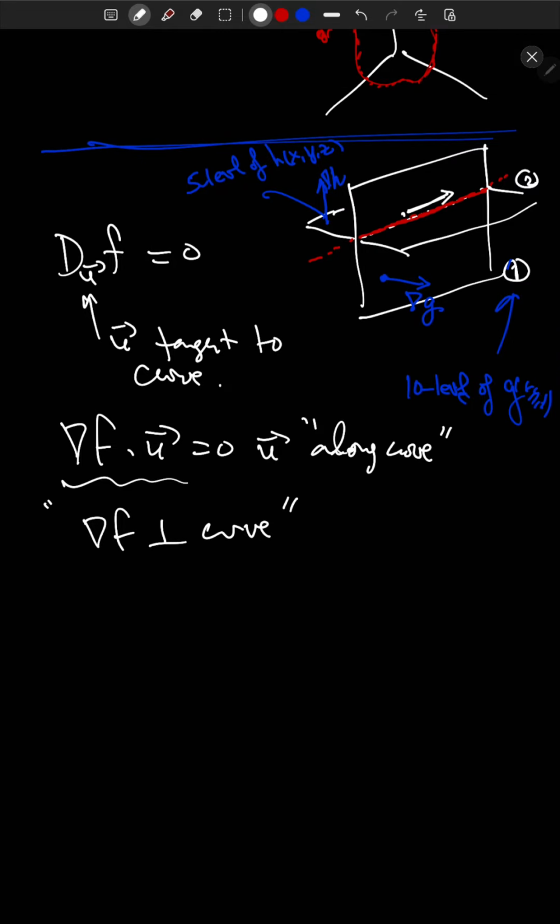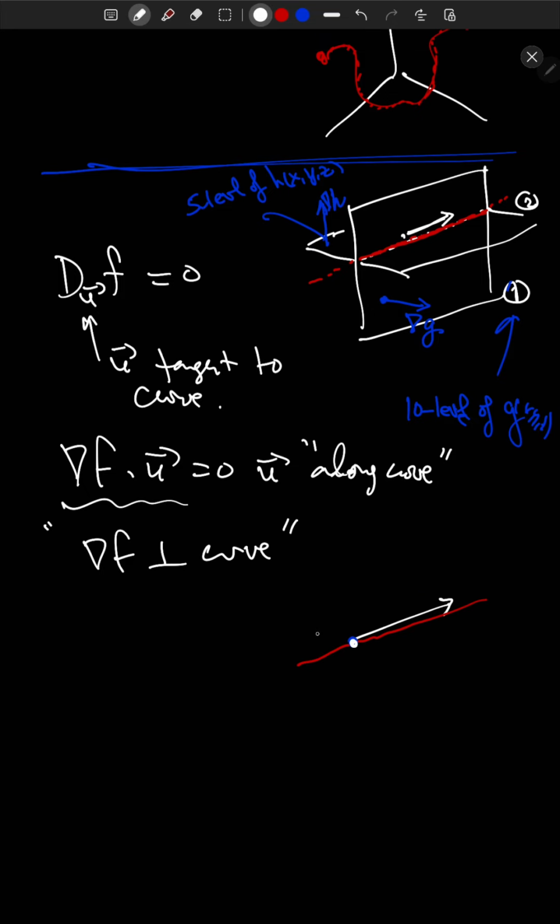Well, if you look at this arrow here, I'm going to draw it down here. If this is my tangent to the curve, so my curve is in this direction, then the directions perpendicular to it form a whole plane of directions. Let me draw it a little better in terms of perspective.